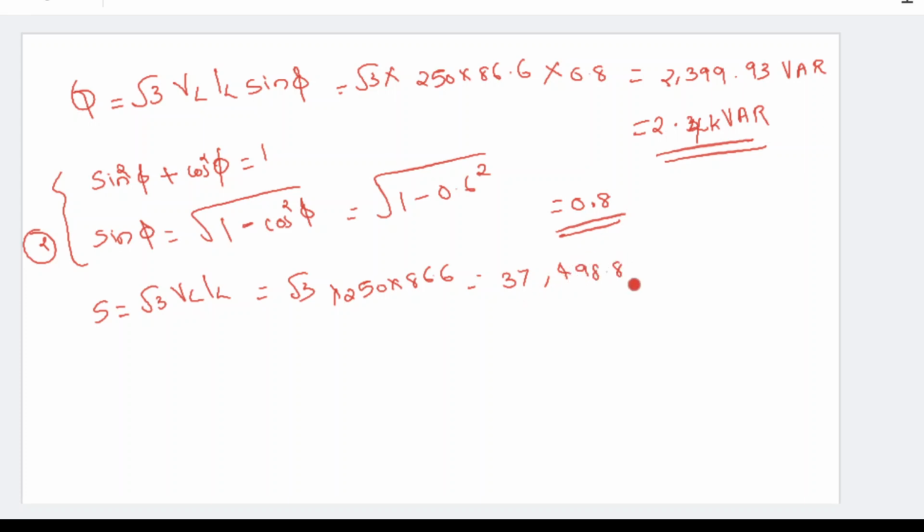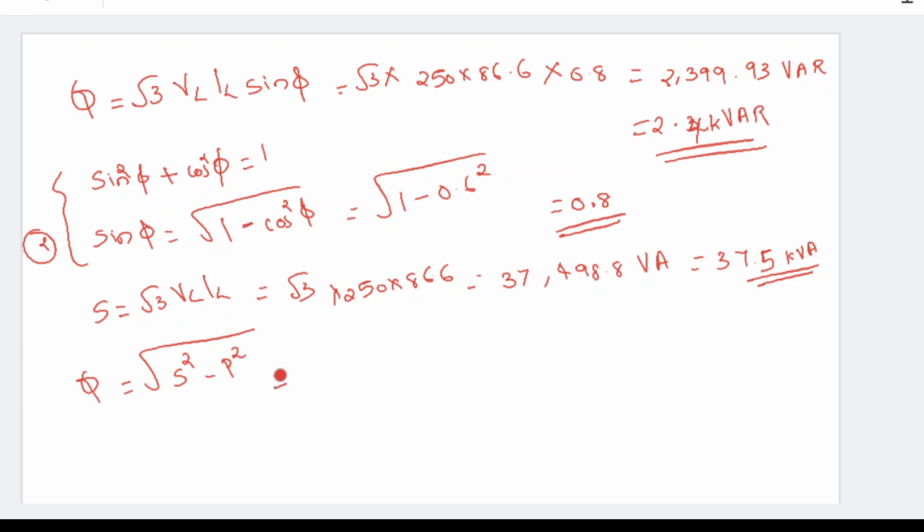That is S, the apparent power. So it is VA. Or you can write it as 37.5 kVA.